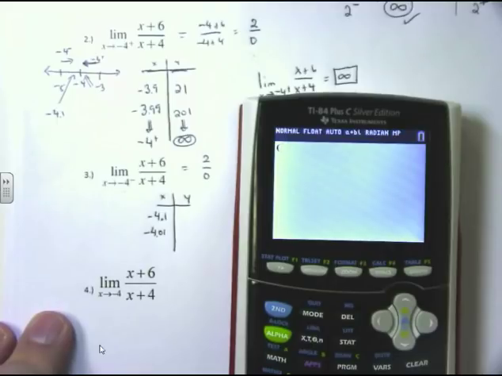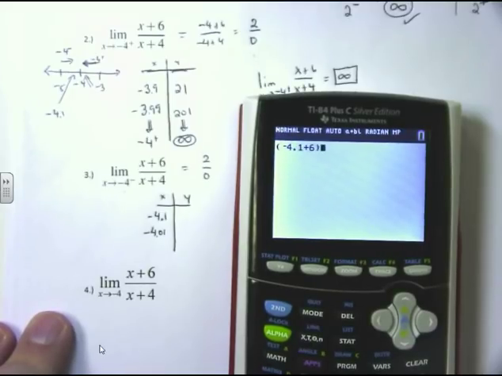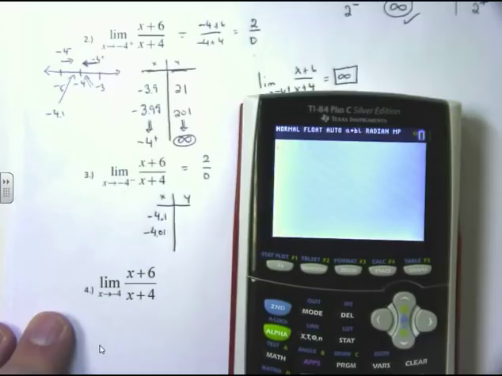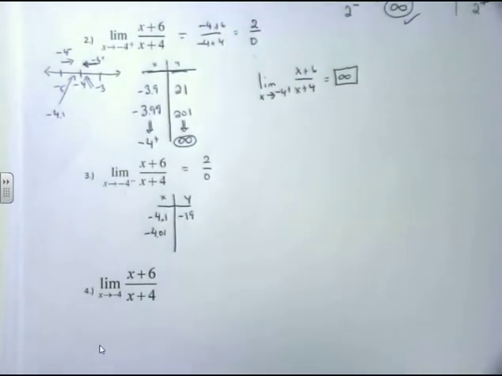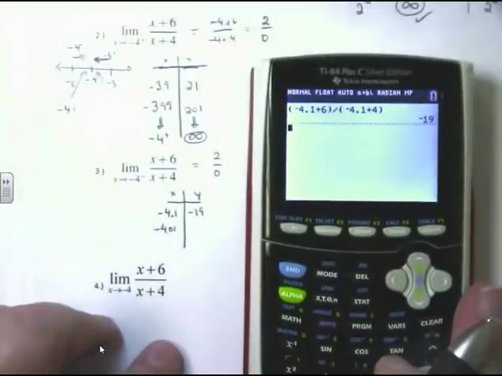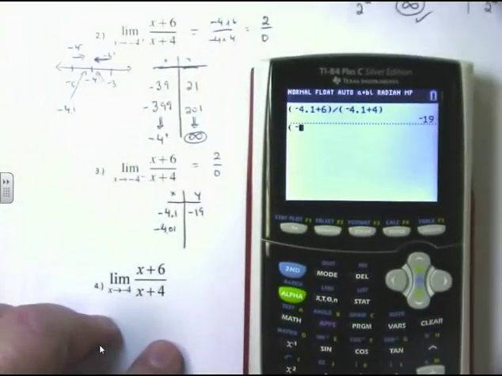So here we go. Parentheses, negative 4.1 plus 6 divided by negative 4.1 plus 4. I got negative 19. And now I'm going to plug in parentheses negative 4.01 plus 6 divided by negative 4.01 plus 4.